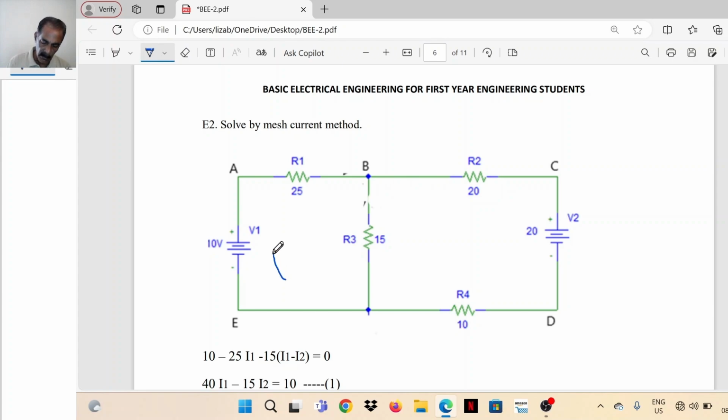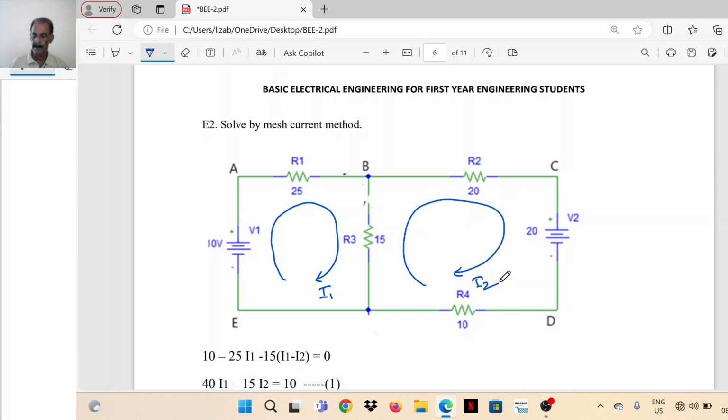In this loop I am assuming a current of I1, and in this loop a current of I2. The same principles apply here also.